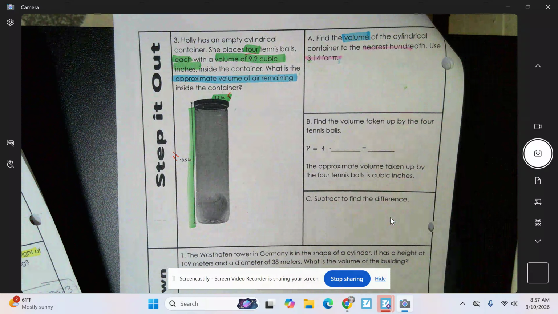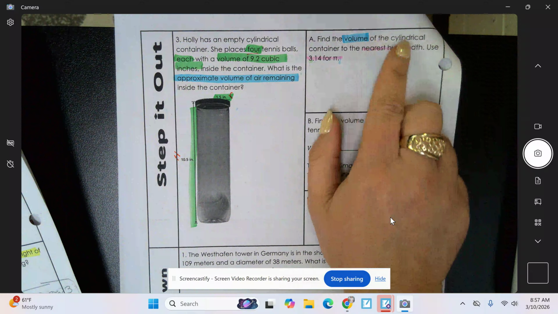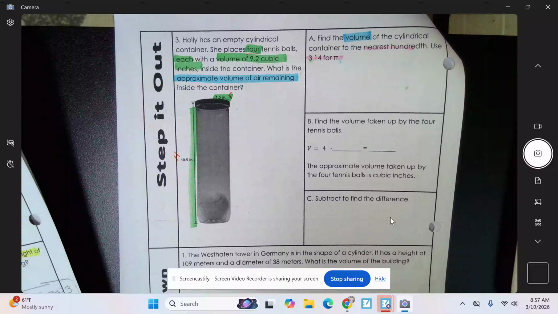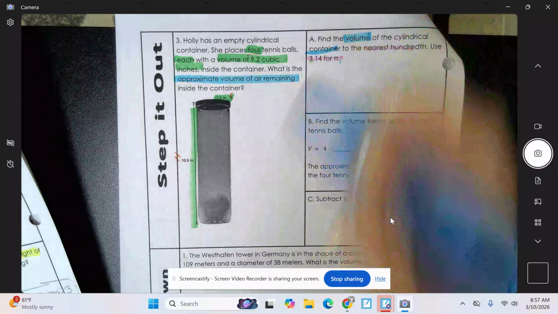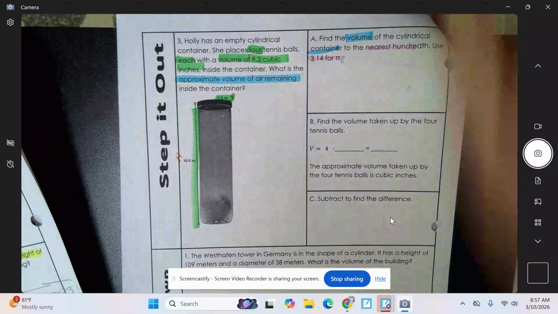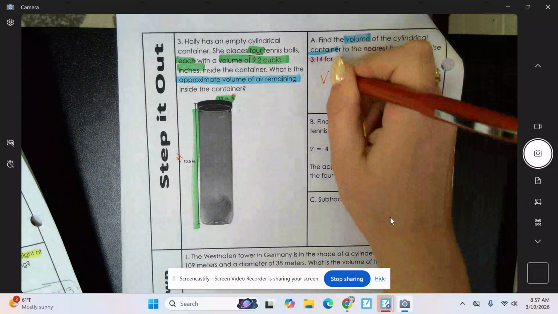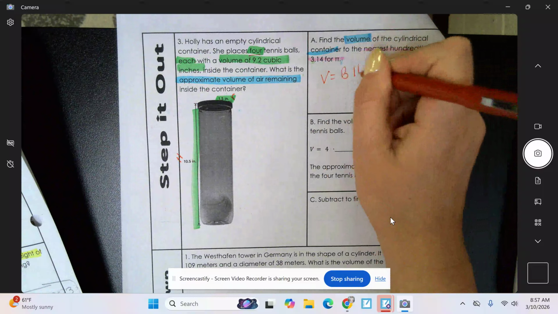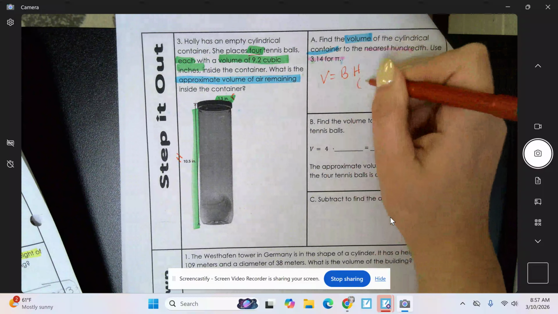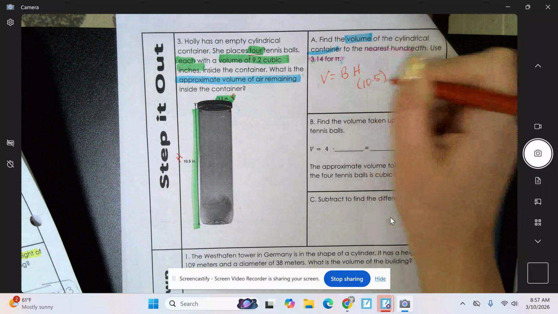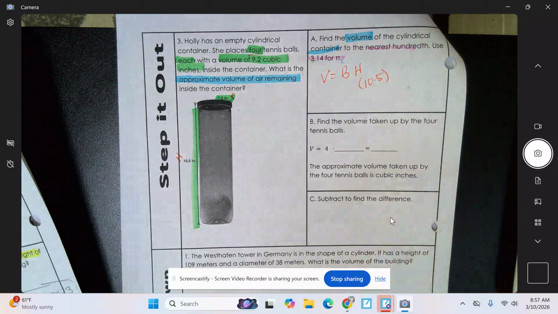So find the volume of the container. So let's find that real quick. Volume is B times height. We already know the height. The height is 10.5. So we need to find the area of the lid or the base.